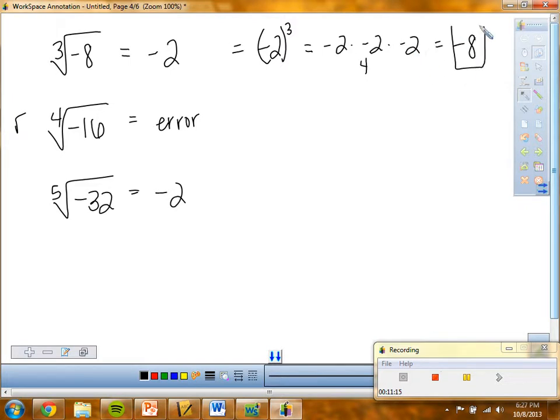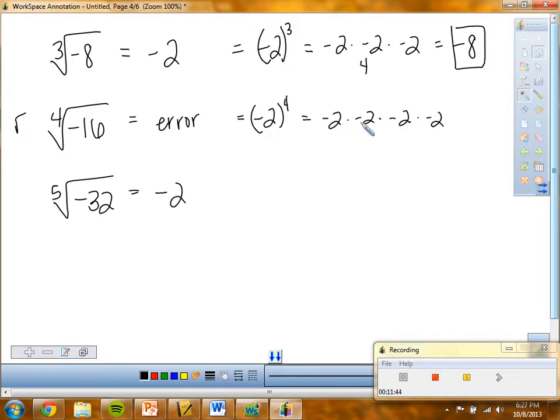So I can have 3 negatives, and I end up with a negative. Here, my index of 4 is saying that my answer, whatever it would be, multiplied 4 times. So -16, I know that that is close to -2 to the 4th. So that's -2 times -2 times -2 times -2.